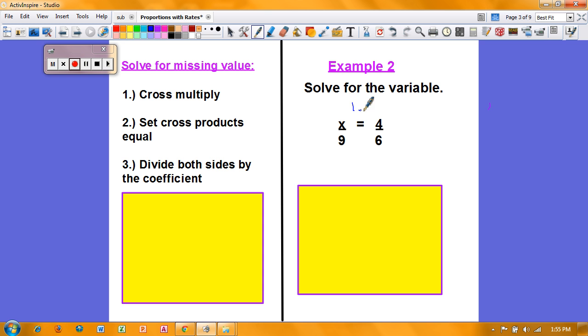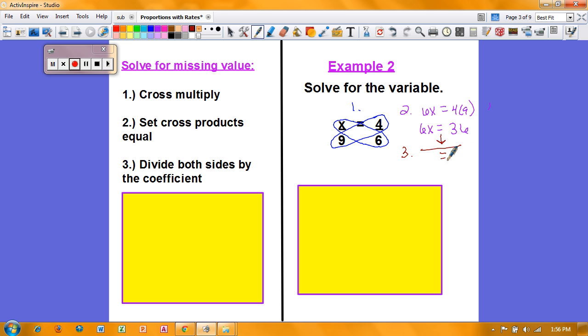So step 1, we've got to cross multiply. That means x times 6 and 9 times 4. Step 2, we want to set the products equal to each other. 6x equals 4 times 9, which means 6x equals 36. Now I just have an equation.